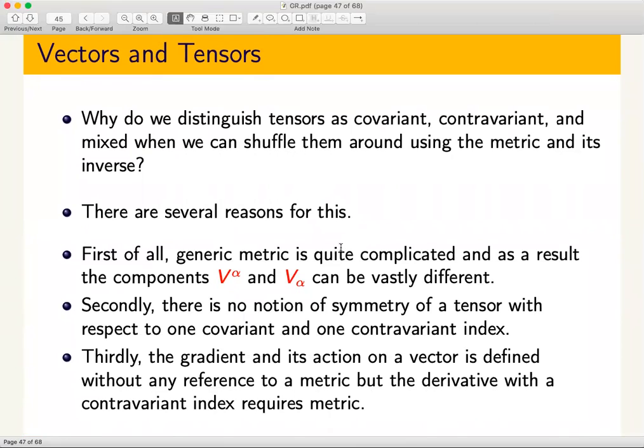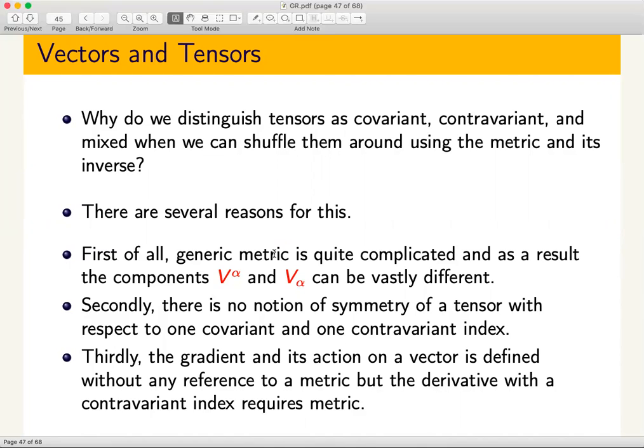Okay, so first of all, a generic metric G alpha beta that we would write down is expected to be quite complicated. Of course, you can have examples in which G alpha beta would be simple, for example Minkowski space or many other spaces in which you have a lot of symmetry. G alpha beta may look like a simple metric, and in that case, of course, you may be lucky.